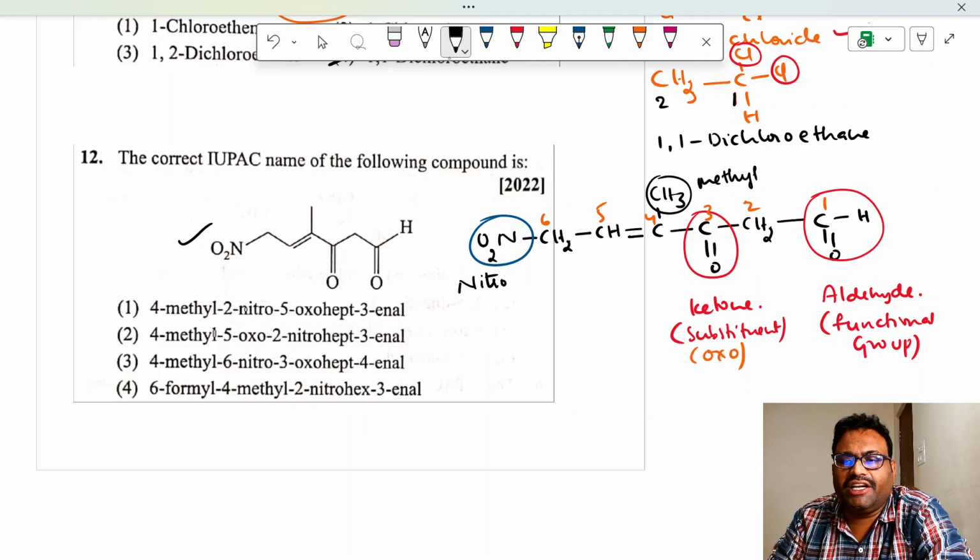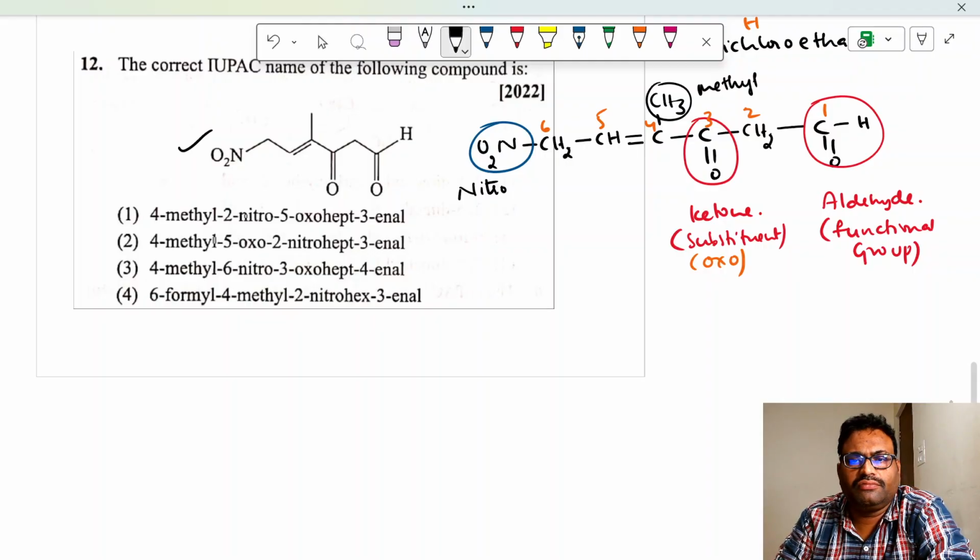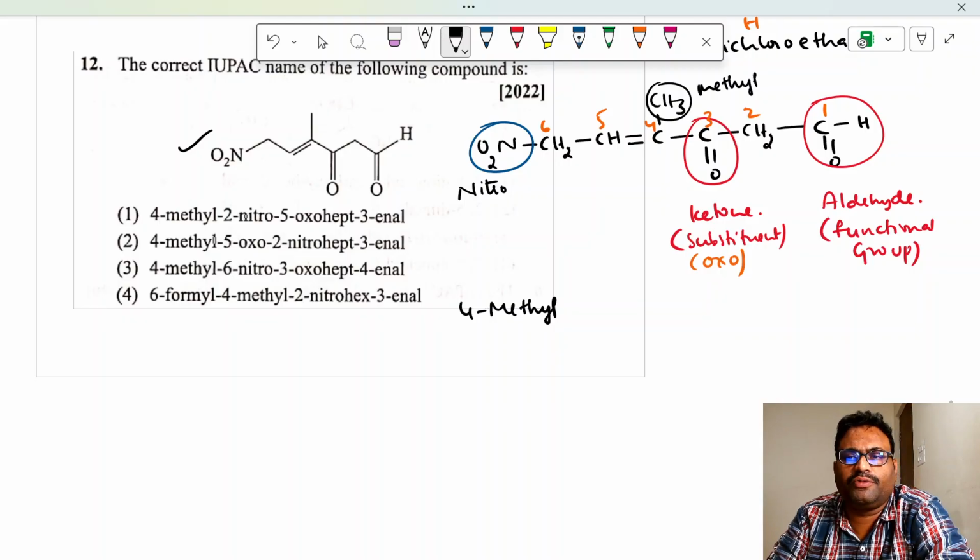So let us write the names of these substituents as secondary prefix. In alphabetical order, which comes first? M, N, O. So first comes methyl. So I can write it as 4-methyl because the methyl group is present at the 4th position.